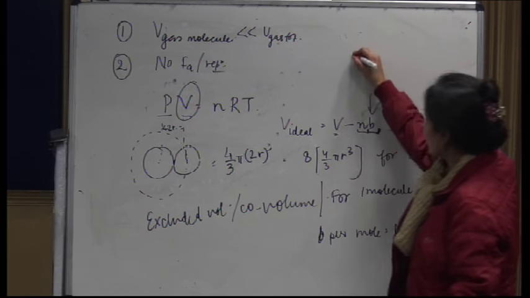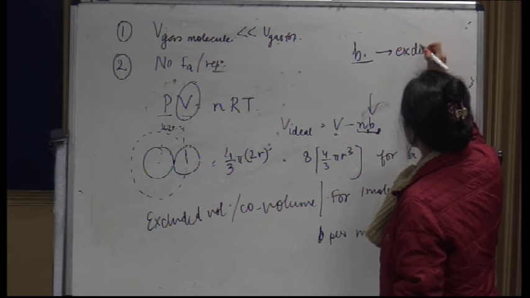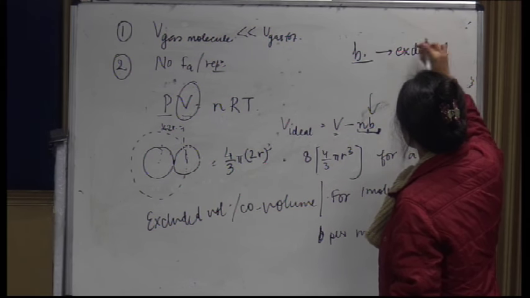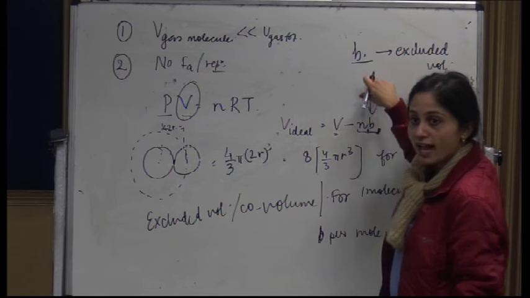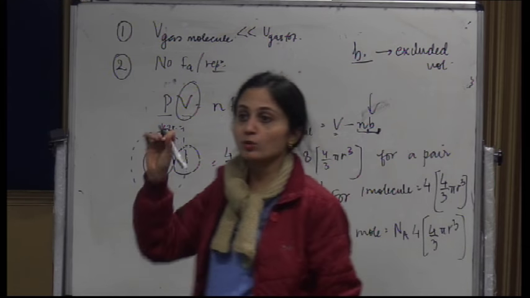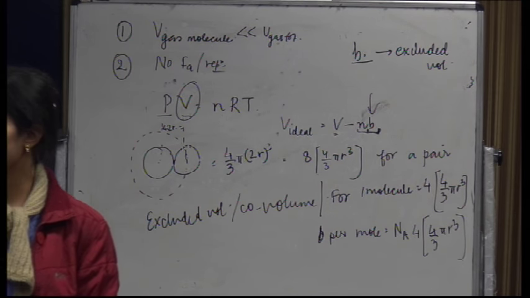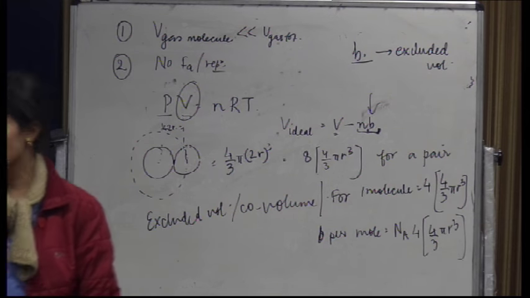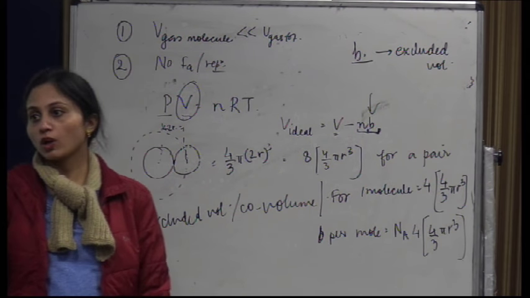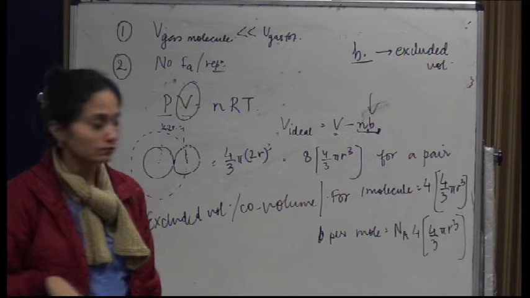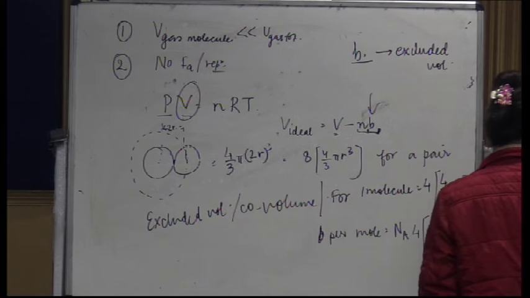So your B is basically your excluded volume, or co-volume, and its value is equal to Na into 4 by 3 pi r cube. Why did I segregate? Because 4 by 3 pi r cube is something that you remember. So it is like 4 Na into the volume of the sphere. So this is one correction term that is there.